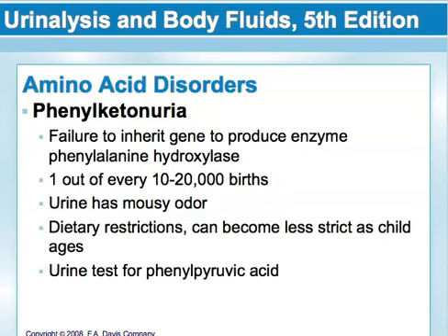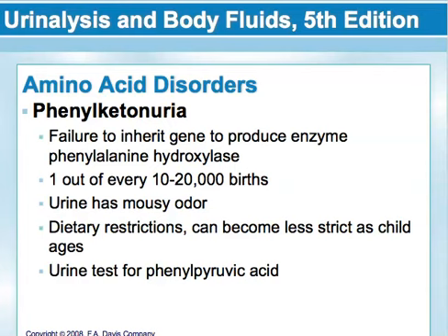So within the group of amino acid disorders, we've got phenylketonuria, which is failure to inherit the gene to produce the enzyme phenylalanine hydroxylase. PKU is estimated to occur in 1 out of every 10 to 20,000 births and can lead to mental retardation if it's not detected. They say the urine has a mousy odor in patients with this disease.